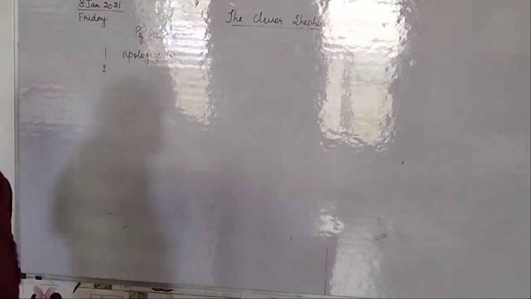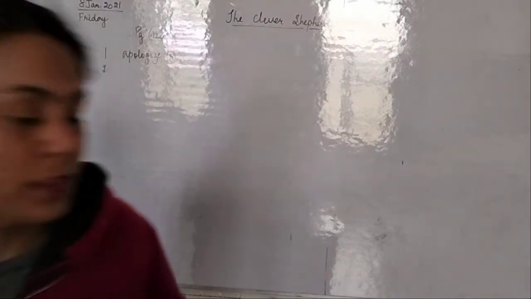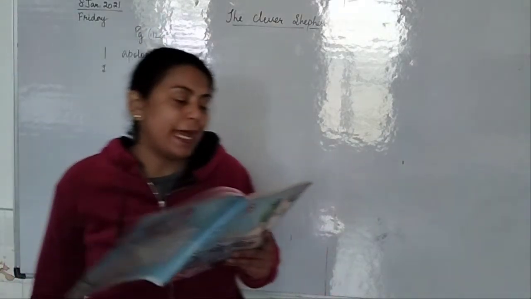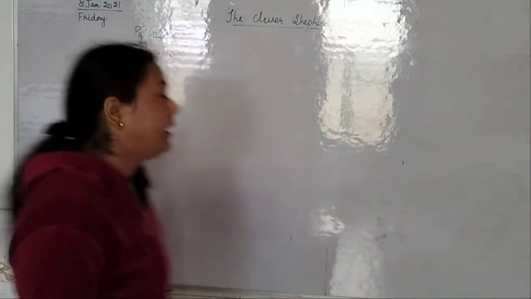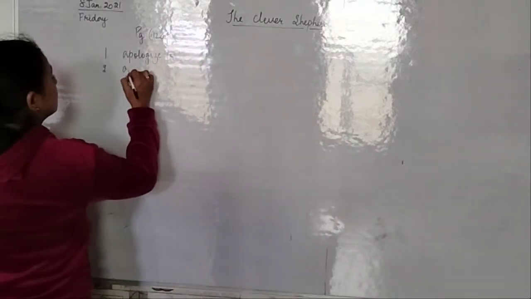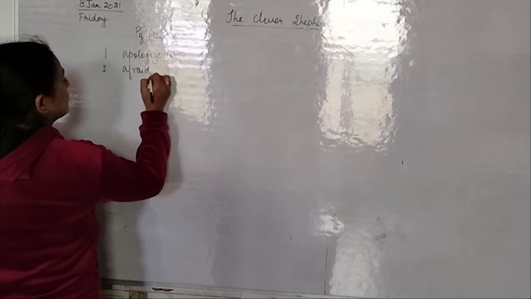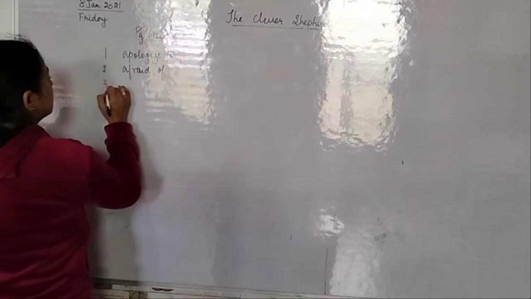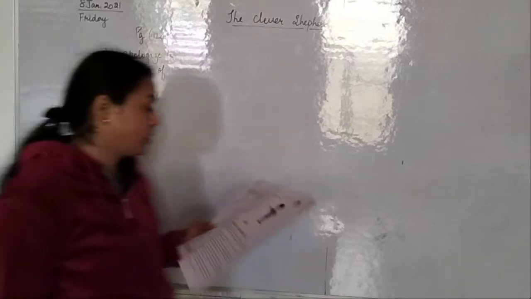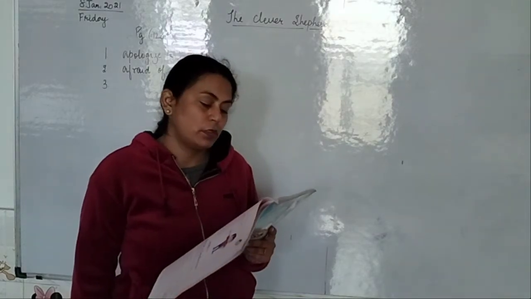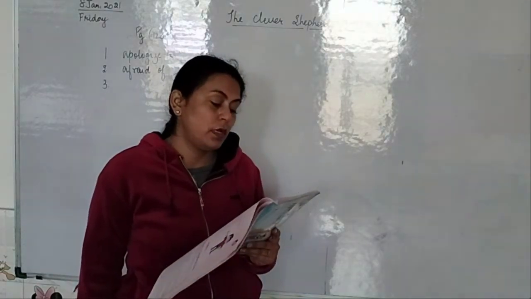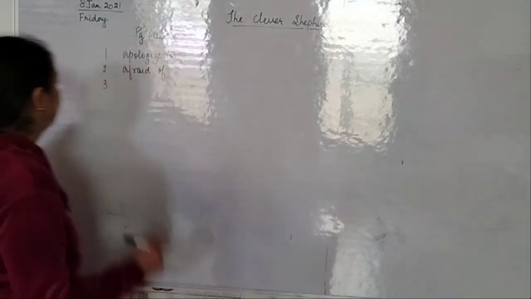The second is, the Abbott was dash King John. The Abbott was afraid of King John. Third, King John was dash the answers of the disguised Abbott. King John was impressed with them.